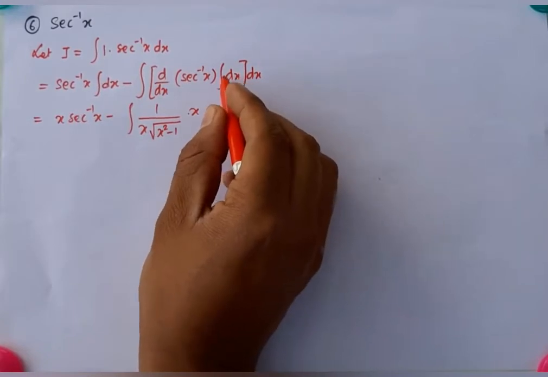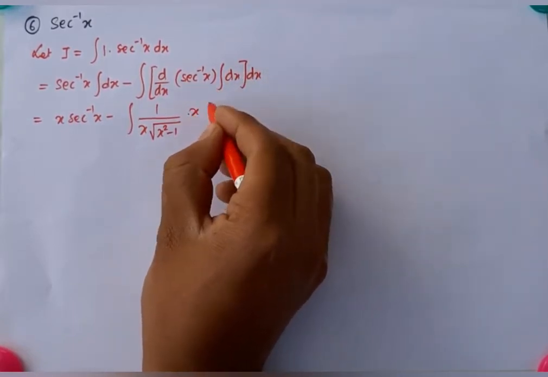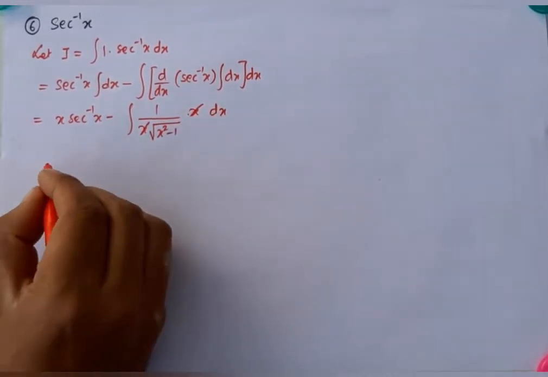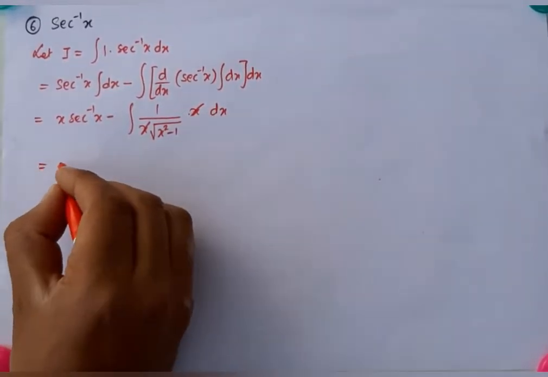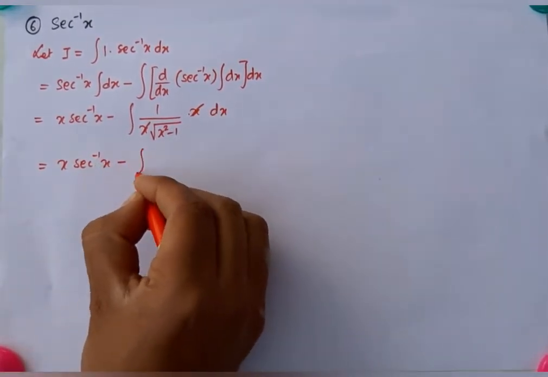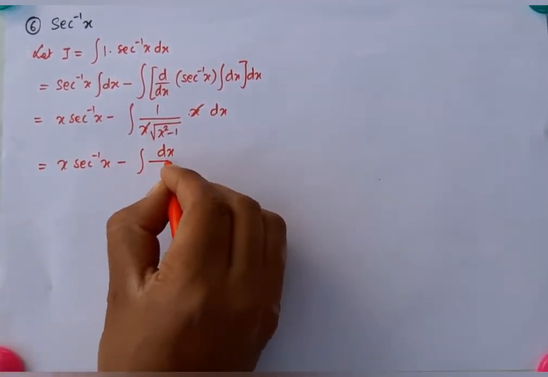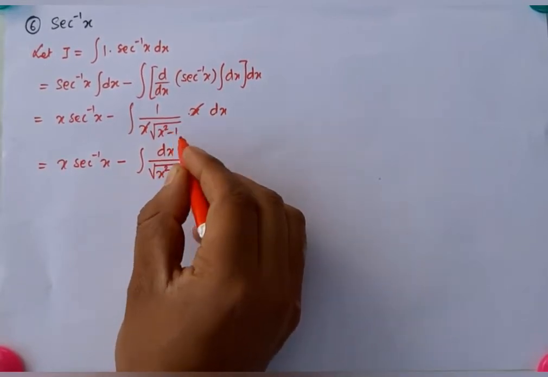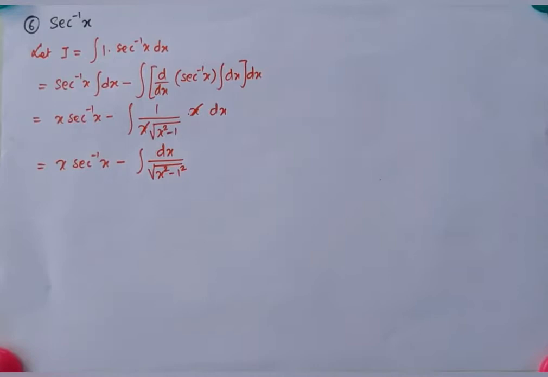So this integral is done. So this is x. Now we have got one more dx, so this and this get cancelled. So see here carefully: x sec inverse x minus dx by square root of x square minus 1. And you know this 1 can be written as 1 square, isn't it?